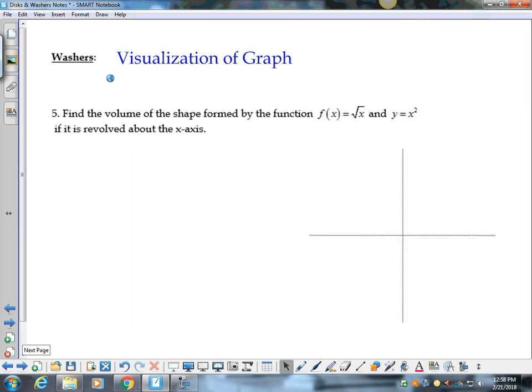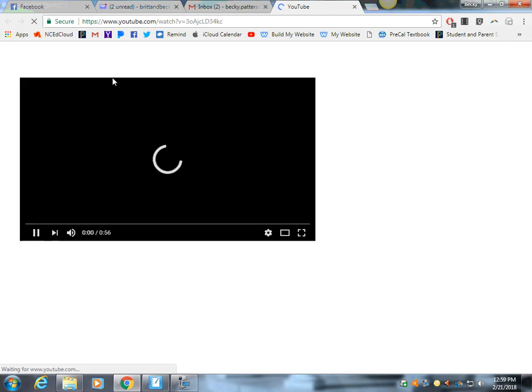Okay, so now we're going to talk about a washer. And a washer, you can see really easily from this video that can draw much better 3D than I can draw. So there's the line y equals the square root of x. Then we're going to do the line y equals 1/10 x, so linear, with a very small slope.